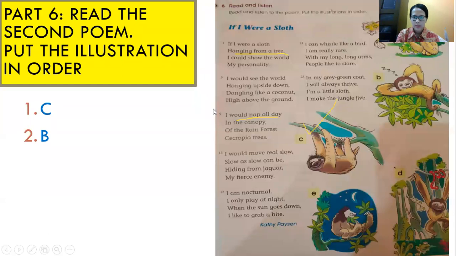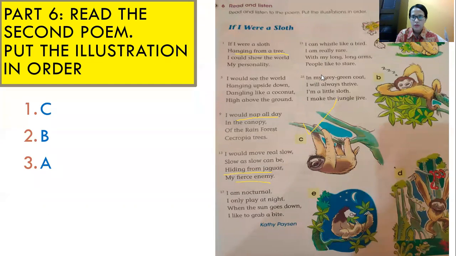Next, it is picture A, because as you can see, hiding from jaguar, my fierce enemy.